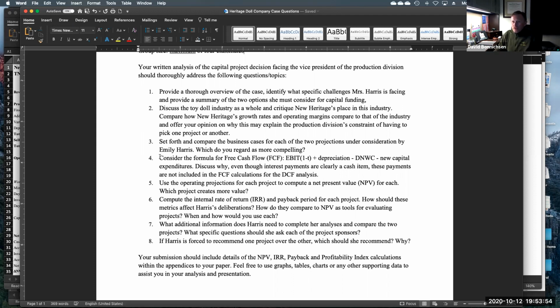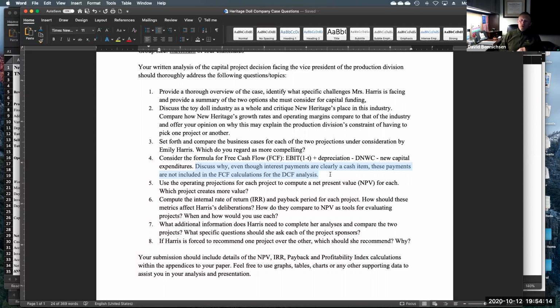Question 4, calculate free cash flow: after-tax EBIT plus depreciation minus change in net working capital minus new CapEx. I want you to spend some time thinking about this question.